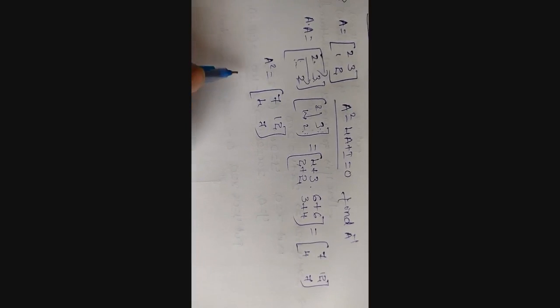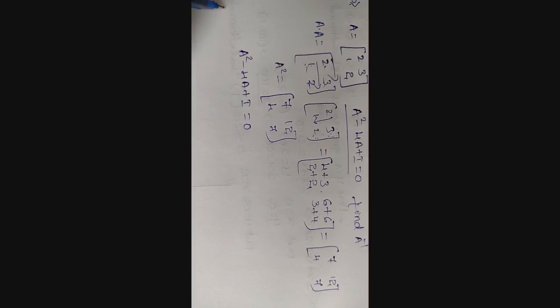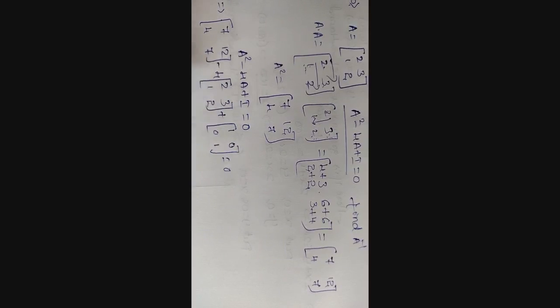Next we have to verify the equation A square minus 4A plus I is equal to 0. The value of A square is 7, 12, 4, 7 minus 4 into A, meaning 2, 3, 1, 2, plus I, the identity matrix of order 2, 1, 0, 0, 1, is equal to 0.